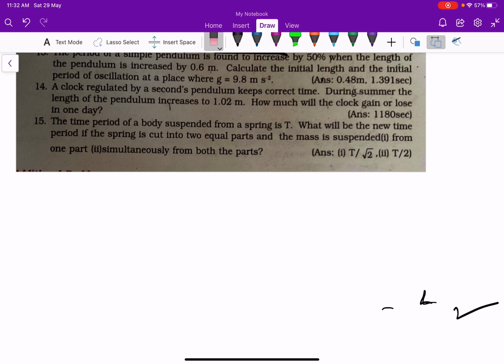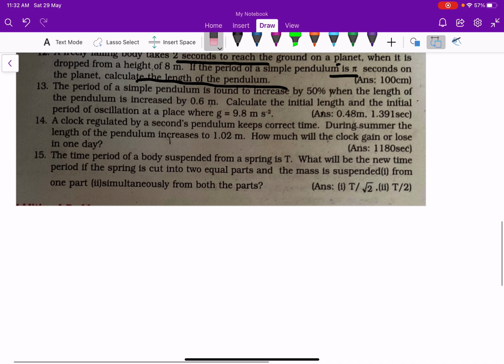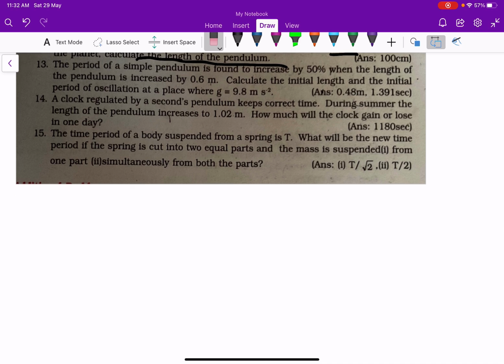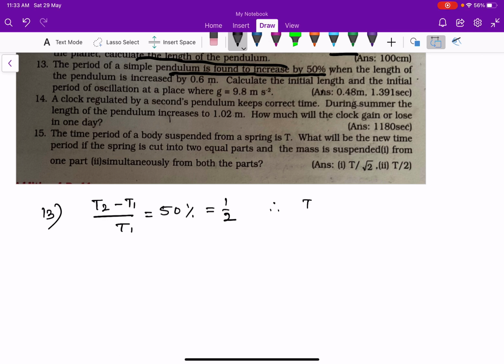Next, question number 13. Here, question number 13: the period of a simple pendulum is found to increase by 50%. T2 minus T1 by T1 is equal to 50%, that means equal to 1 by 2.